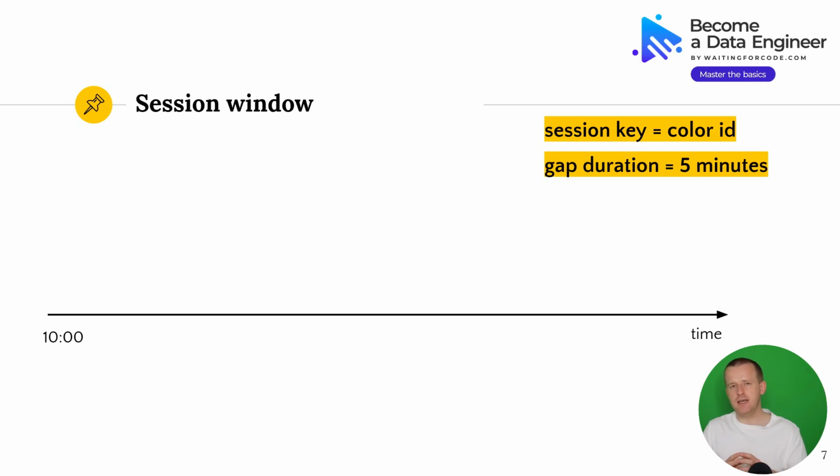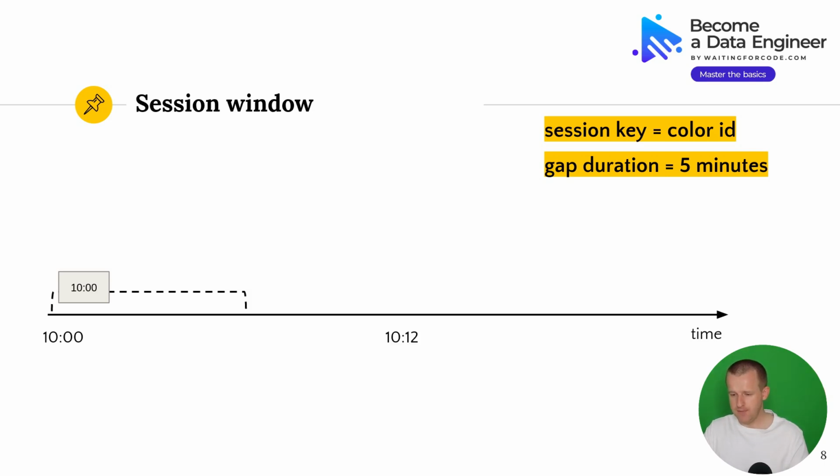The gap duration is a kind of inactivity allowed for each session group. So here we have a gap duration of 10 minutes, and the session key is the color of our item. For the gray items, we open a new session window. And with the gap duration, we know that the window will close at 10:05.